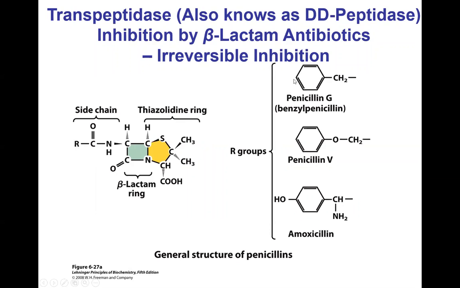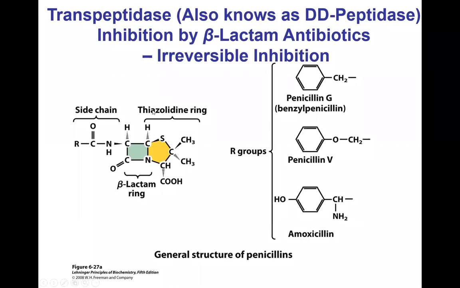Pen-G was the first one to be discovered, but it turns out that it is not really stable. It gets degraded by stomach acid, and therefore it should be administered by injection. But then scientists have created hundreds of variants of these, amoxicillin, penicillin V and all that. Penicillin V, for example, is acid stable and it can be administered orally.